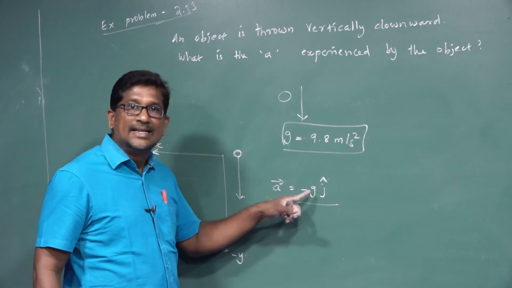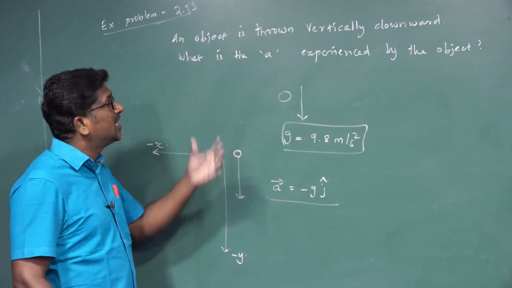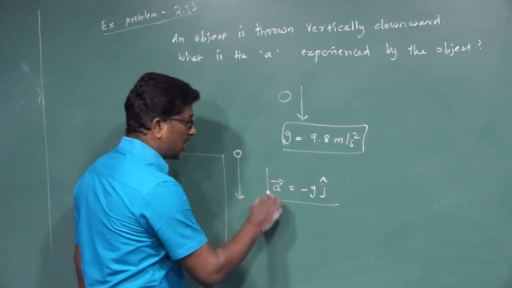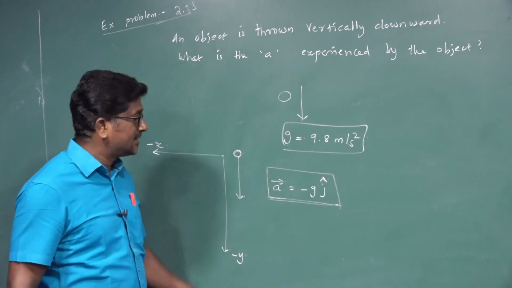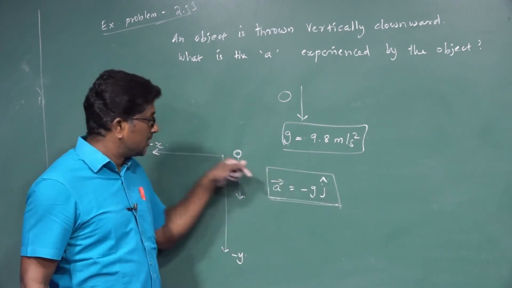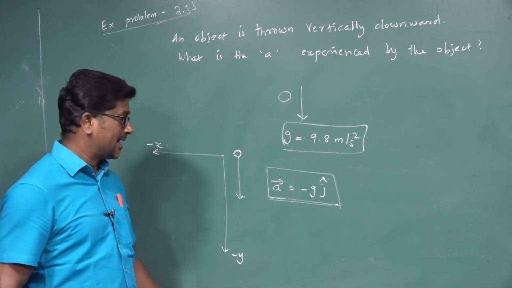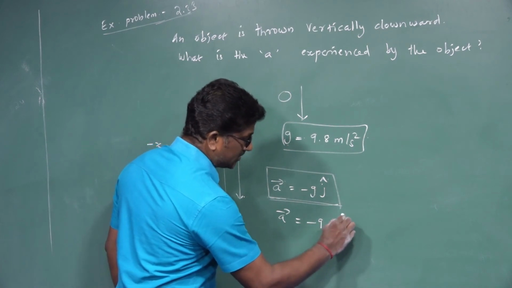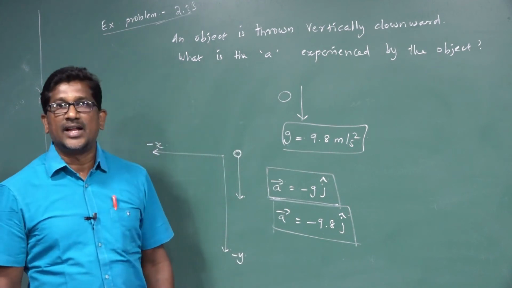So the acceleration experienced by the particle when it is thrown vertically downwards is a vector equal to minus g into j cap, because the particle is moving along the negative y-axis direction, or a vector is equal to minus 9.8 j cap. So this is the acceleration value.